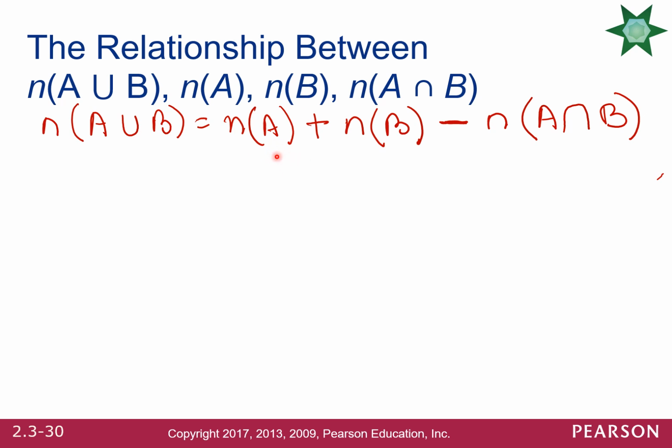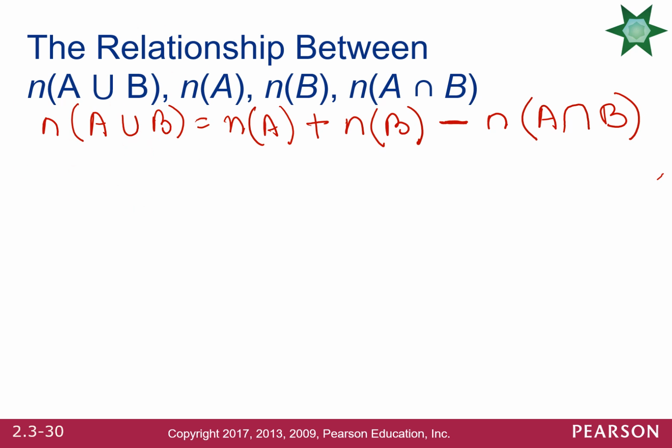If we just take n of A and n of B, and do not subtract the one set of common elements, then we'll end up with a different value for n of A union B.